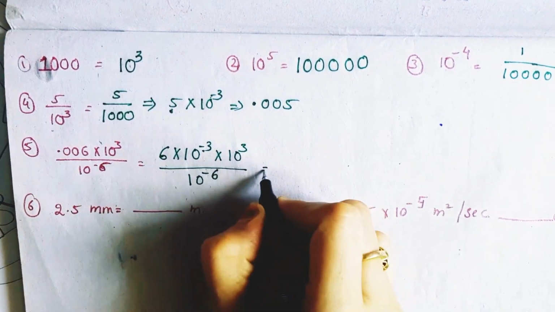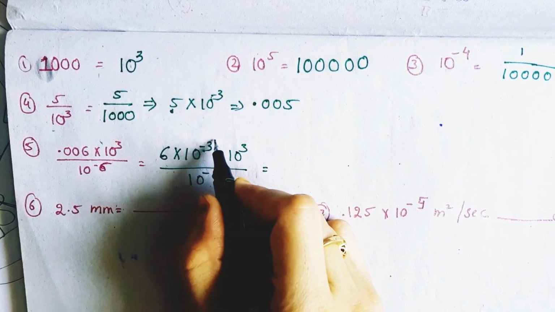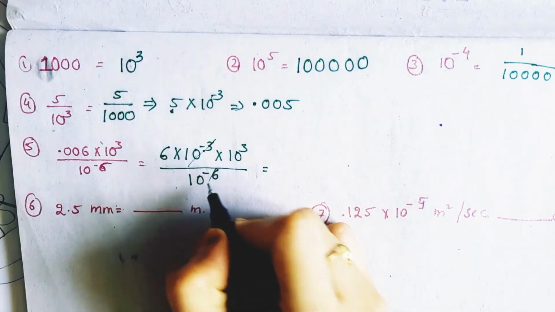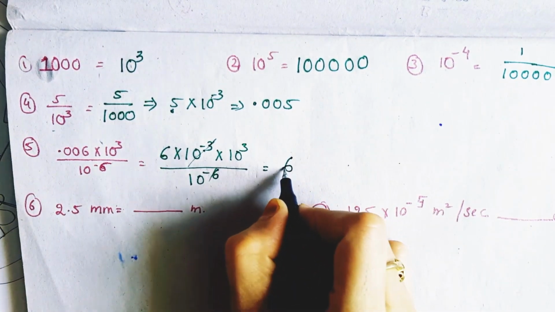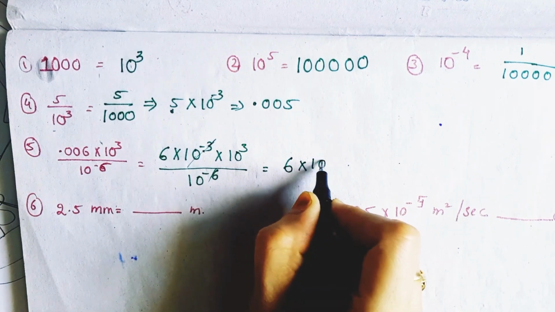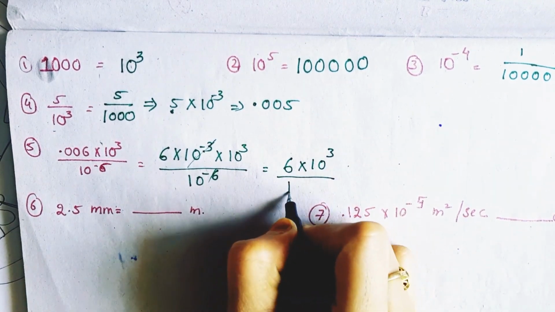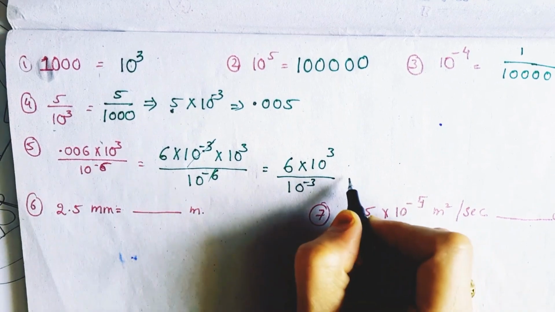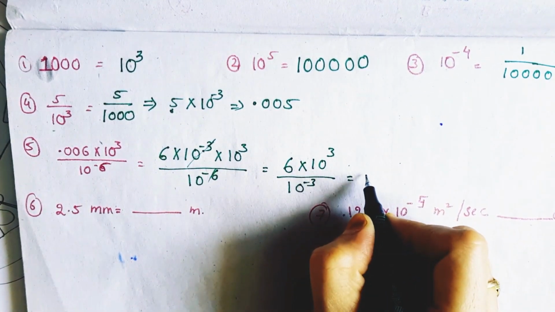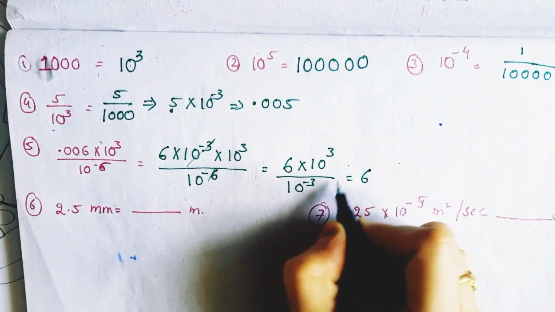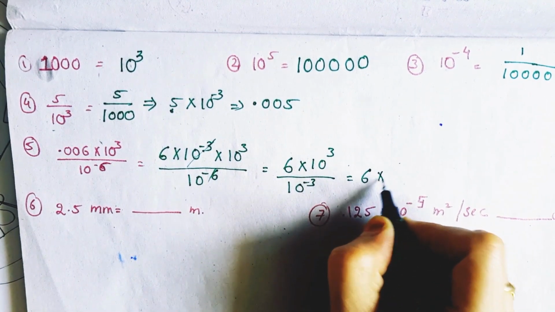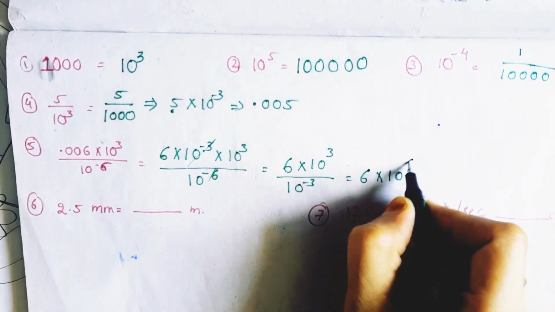After cancellation, minus 3 and minus 3 get cancelled, then 6 into 10 power 3 divided by 10 power minus 3. So again we can write it as 6 into 10 power minus 3; when it comes upside then it becomes positive 10 power 6.